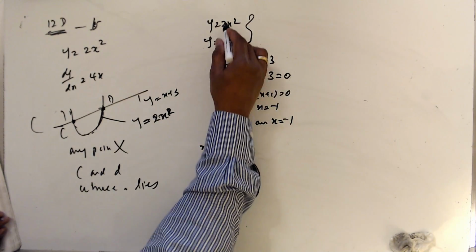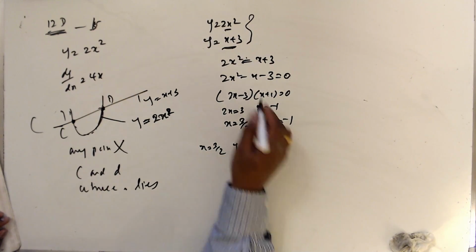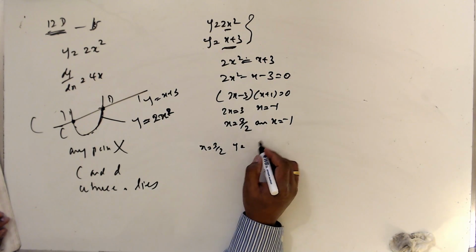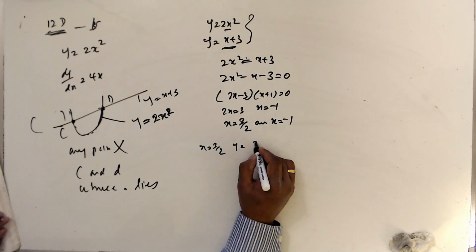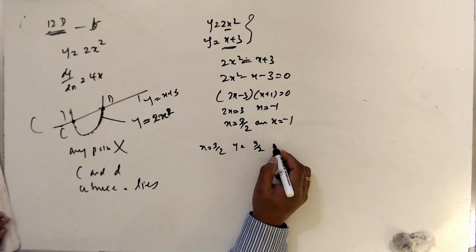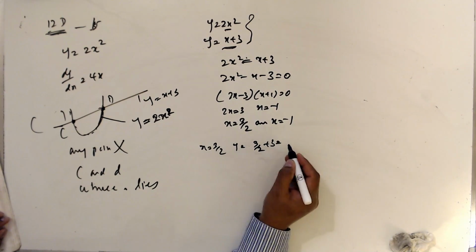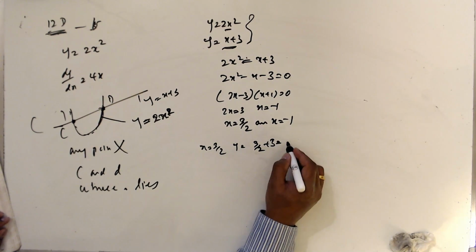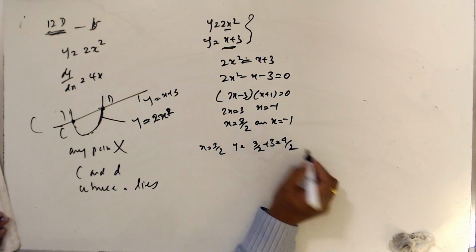You can find it from any equation, but this is the easy one. y equals 3 over 2 plus 3. So this is going to be 9 over 2.